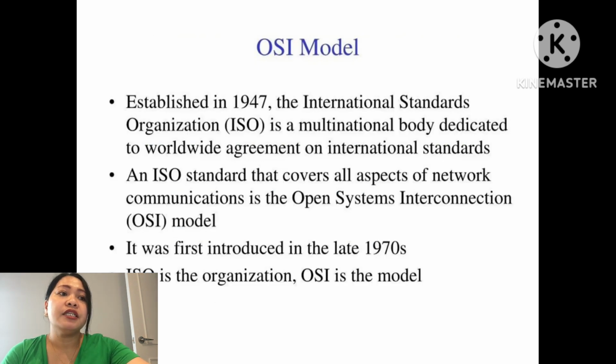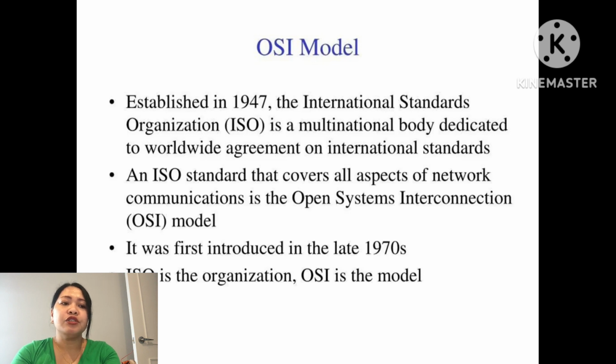OSI model. Established in 1947, the International Organization for Standardization, ISO, is a multinational body dedicated to worldwide agreement on international standards. An ISO standard that covers all aspects of network communication is the Open Systems Interconnection, OSI model.